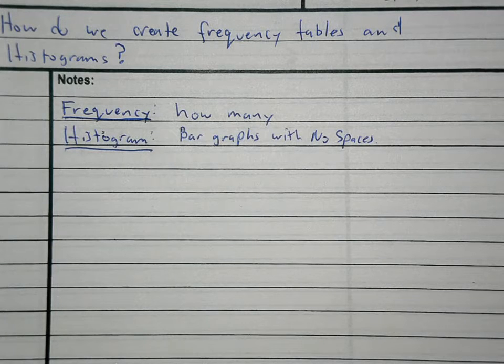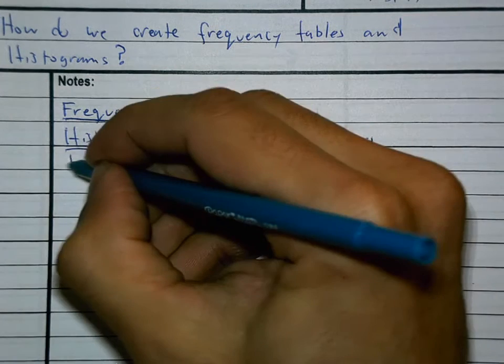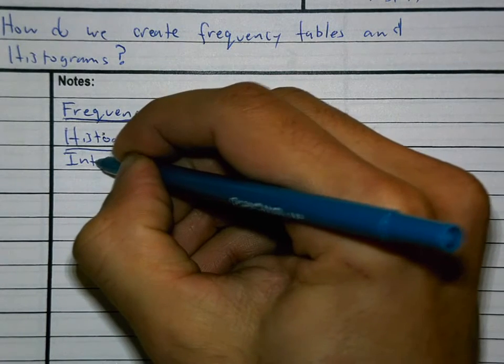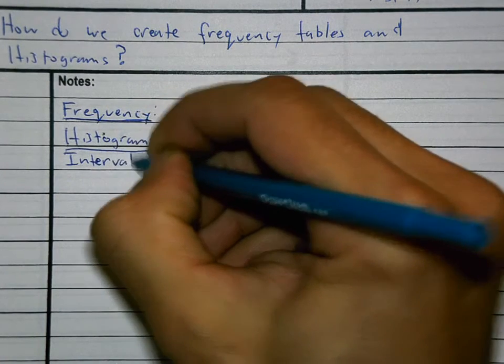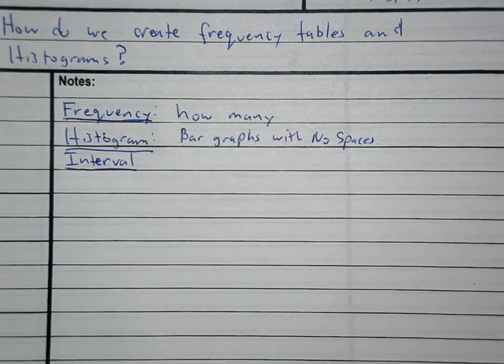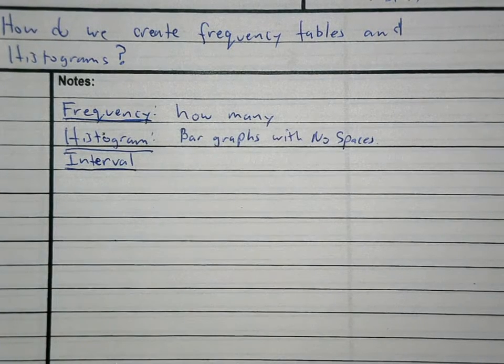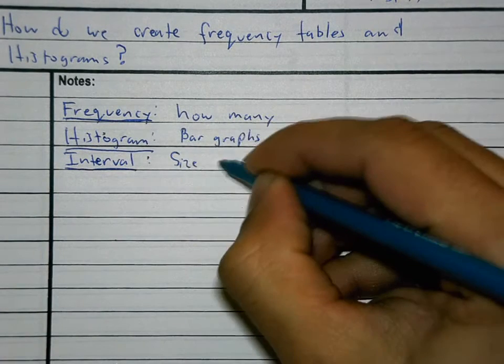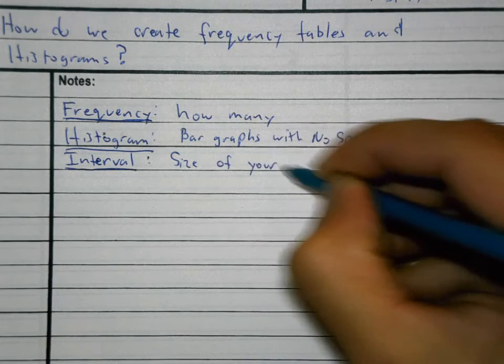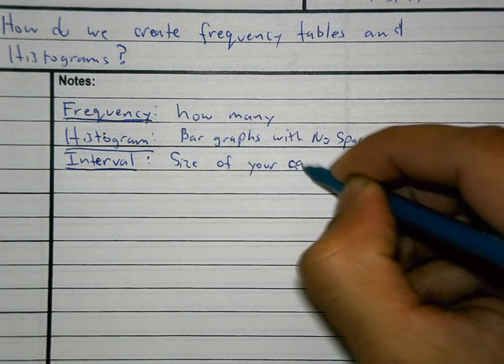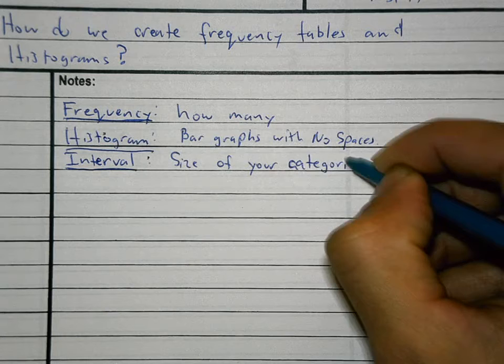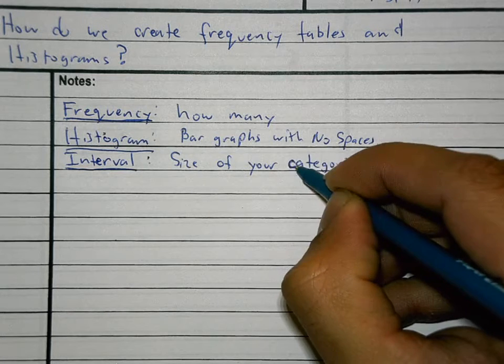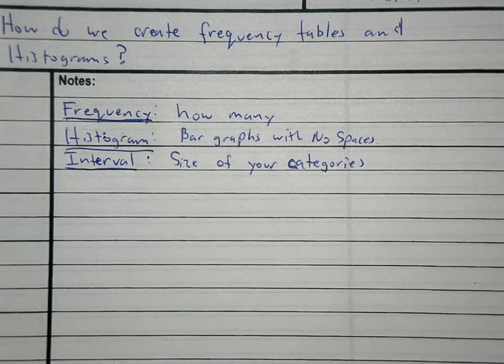The last word that we're going to define is interval. Interval, that I'll be using quite often. Interval is the size of your categories.